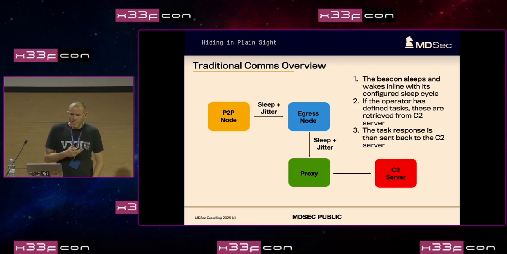The beacons will go to sleep in line with their configured sleep cycle, then wake and retrieve some tasks from the C2 server, and the C2 server will respond with the tasking that they need to do. The sleep cycle is typically customizable based on sleep times and jitters that can be embedded in the beacon profile. The jitter is just used to add some random variance into the C2 to prevent this completely uniform and predictable pattern of requests.